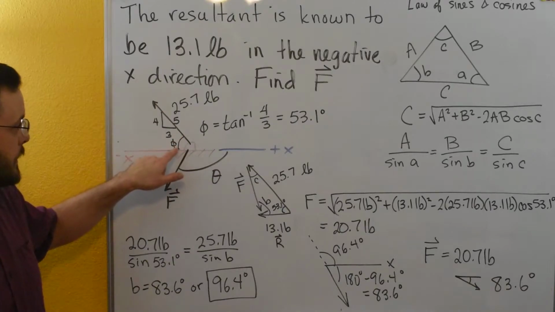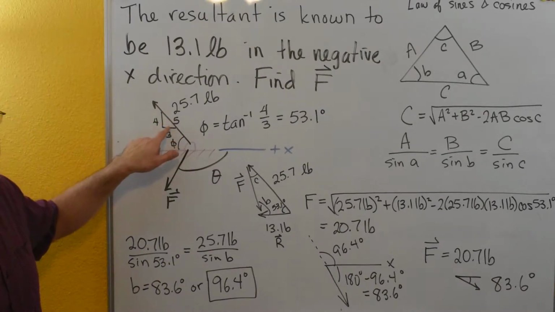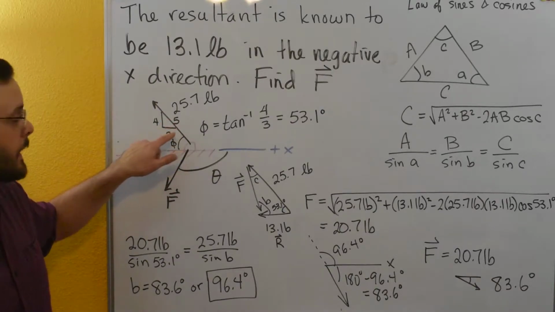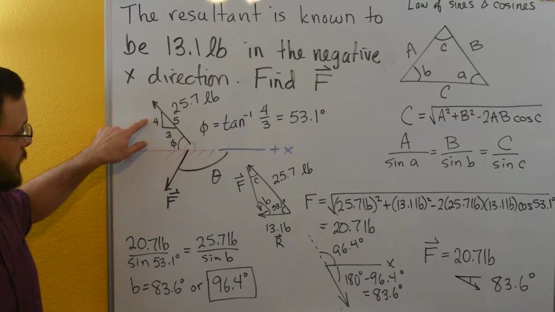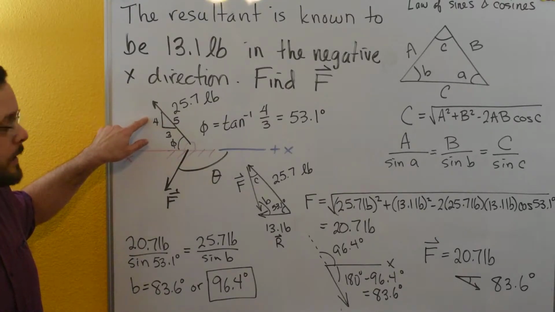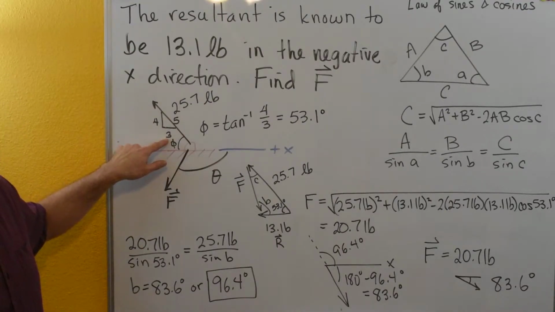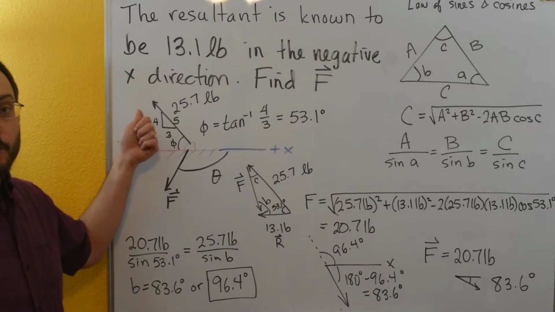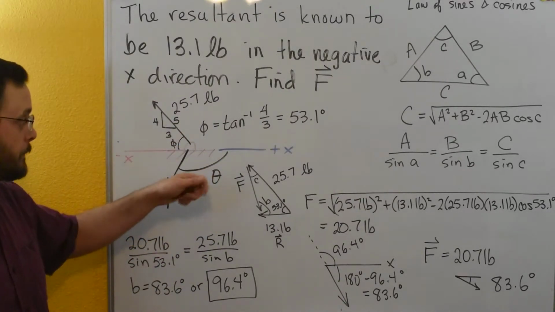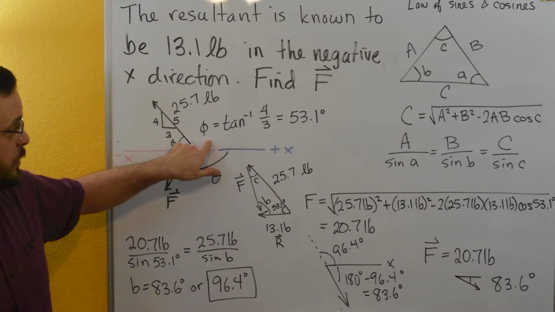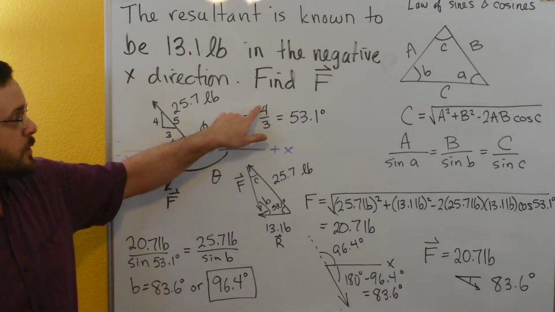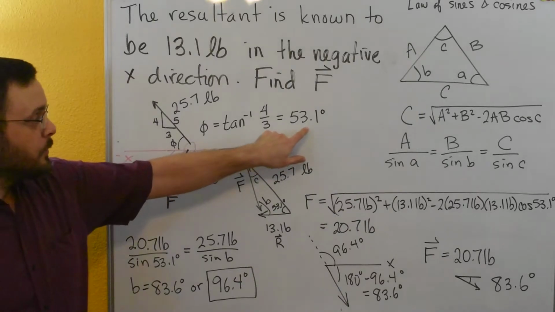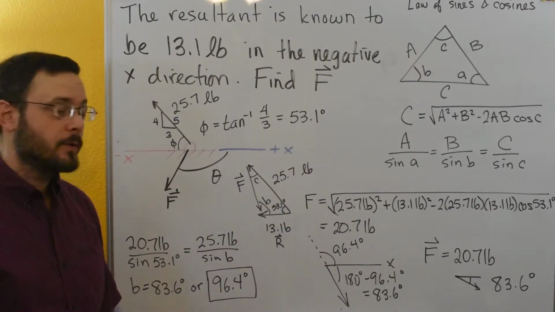This angle theta is the same as this angle theta for the small triangle, and that would be the inverse tangent, or arc tangent, of the 4 side over the 3 side. Remember, the tangent is always the side opposite over the adjacent leg. So that angle phi will be inverse tangent of 4 over 3, and we'll get 53.1 degrees.